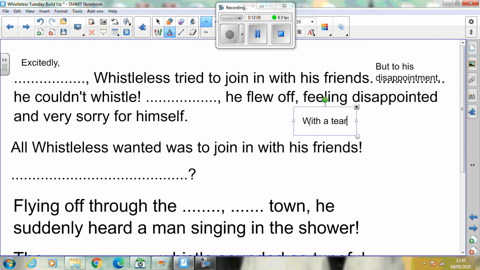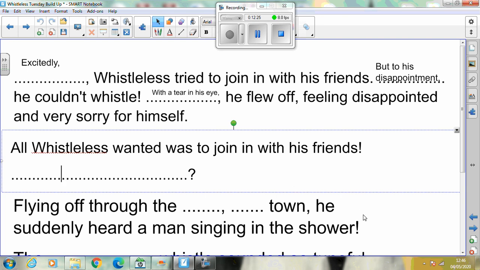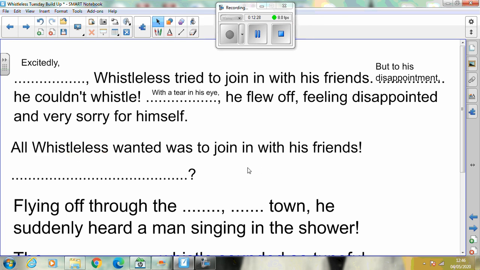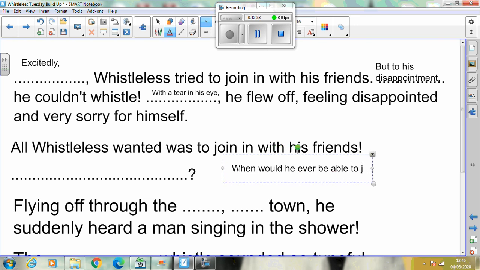With a tear in his eye, comma, he flew off, feeling disappointed and very sorry for himself. All Whistleless wanted was to join in with his friends. When would he ever be able to join in with the other birds?